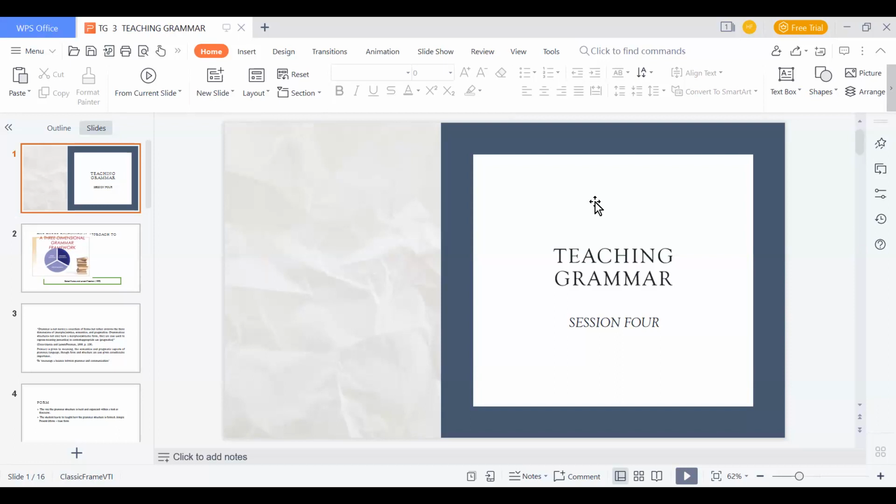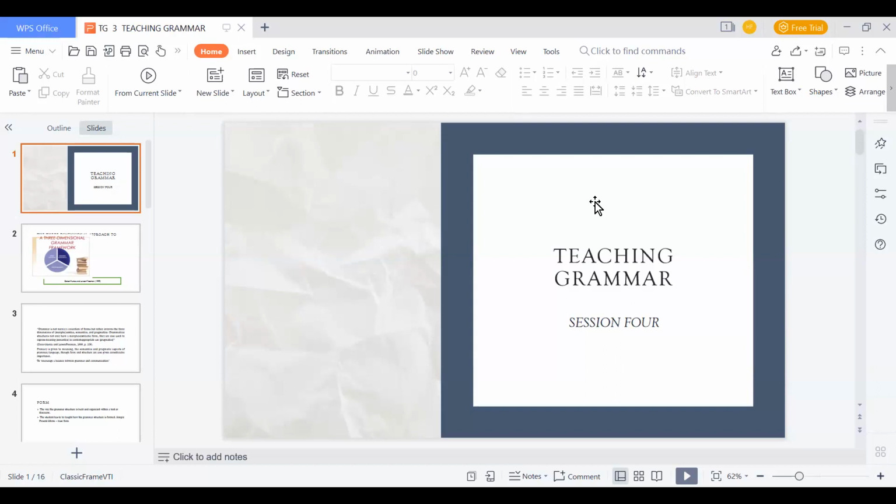We discussed last week 2 main approaches to teach grammar, deductive and inductive, and we looked at examples also. But today we are looking at some other approaches to teach grammar. They don't actually fall into deductive or inductive. You can use deductive or inductive, it's your choice, when you want to apply or adapt this approach.